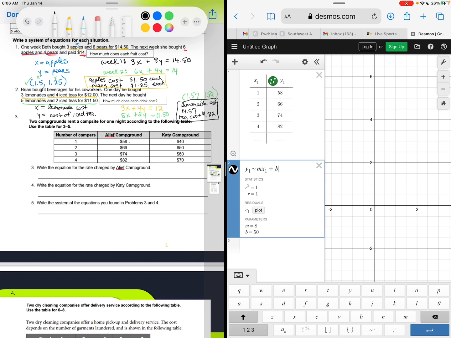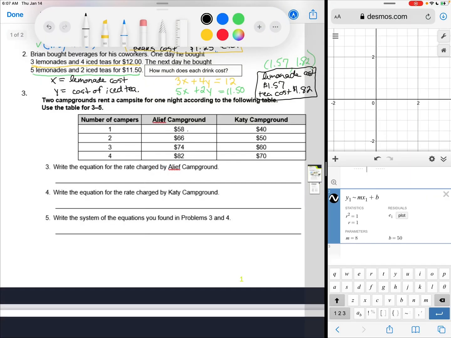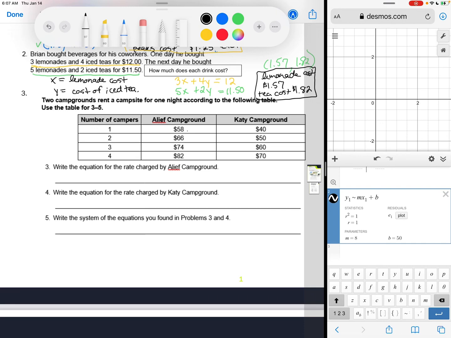All right, and it's giving me an equation. It's telling me that my m, meaning slope, is 8, and my b, which is y-intercept, is 50. So when we come over here, what we're going to write is y equals 8x plus 50. All right, and what that means is just the basic rate is $50. You got to pay $50 up top, and for each camper you're going to pay $8 more for each, basically $8 per camper.